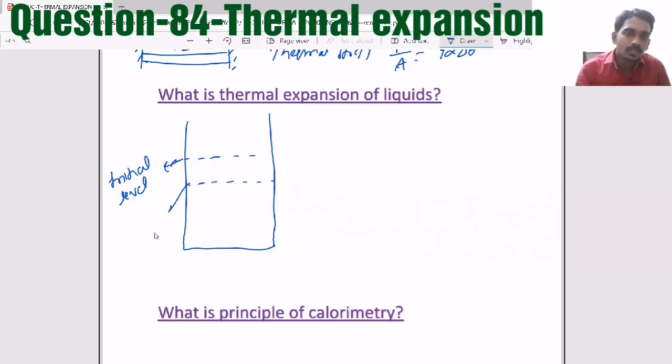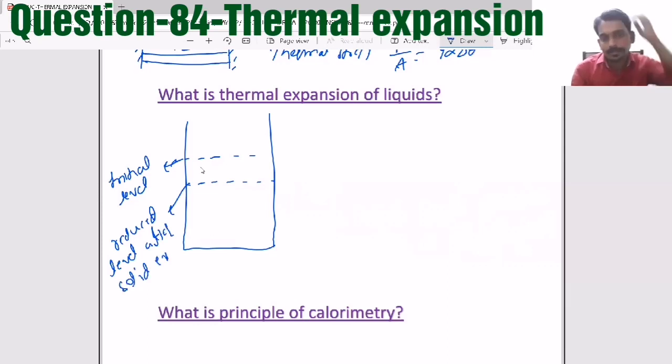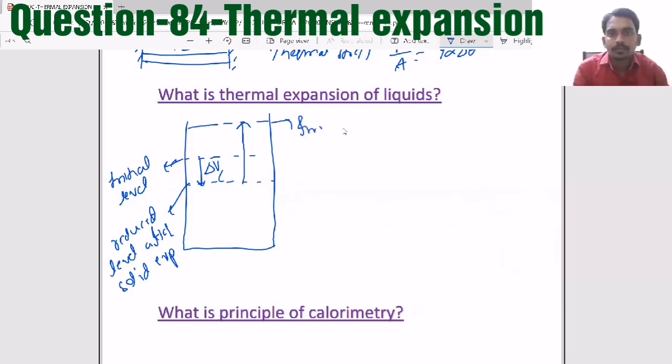So this is the reduced level after solid expansion, or container expansion. This is called delta V container. Now from here, it will go to some other level. This is the final level. Now this one is delta V apparent. This one is delta V real.